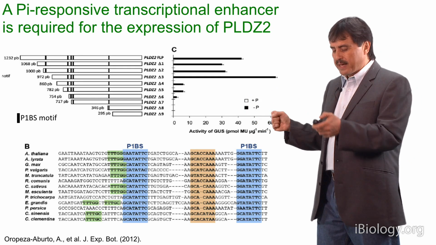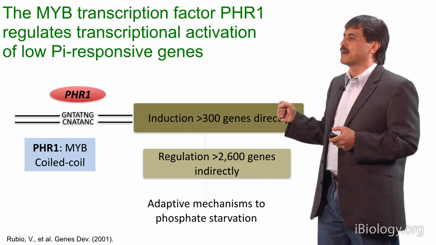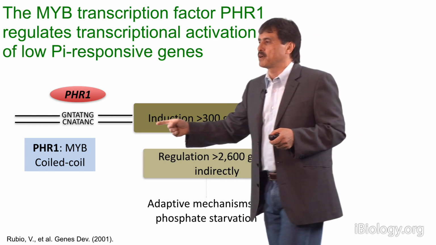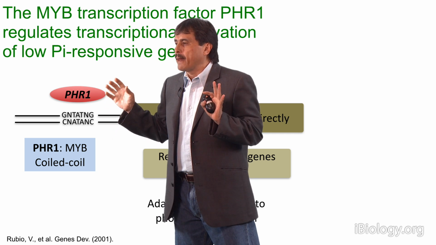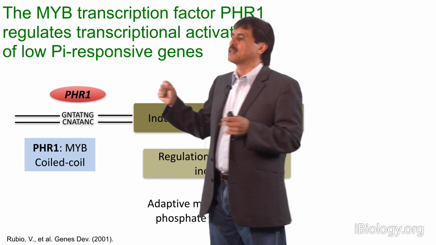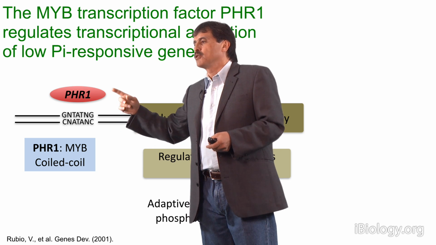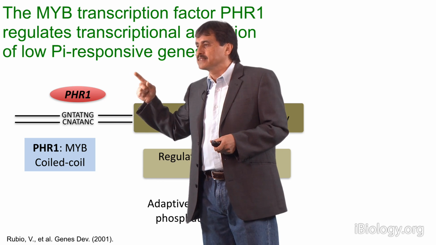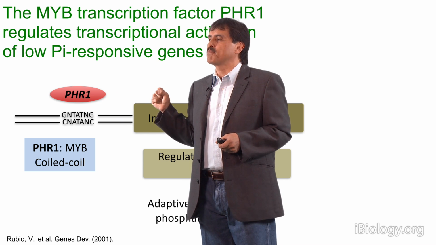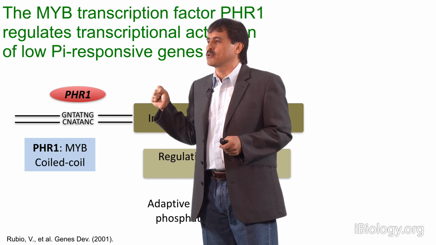And this program has to have some components that are important for the transcriptional activation. As I mentioned earlier, hundreds or thousands of genes are activated when the plant is exposed to low phosphate. PHR1 is a transcription factor that plays a very important and central role in the activation of these genes.